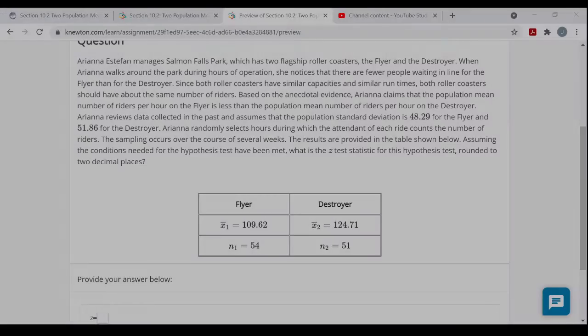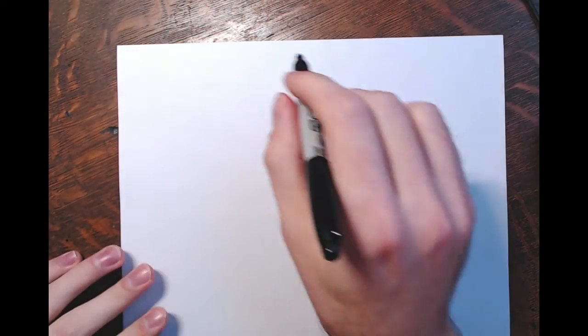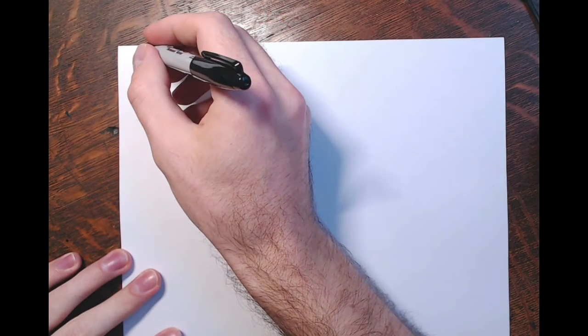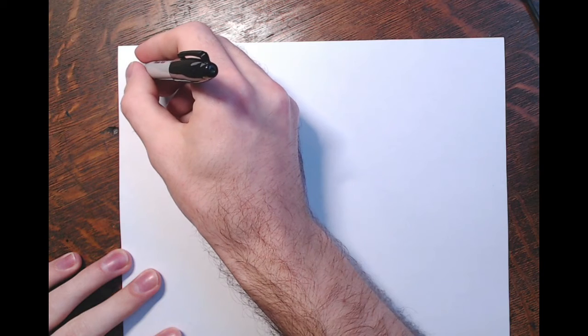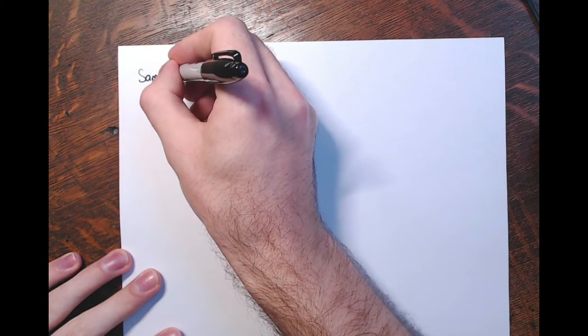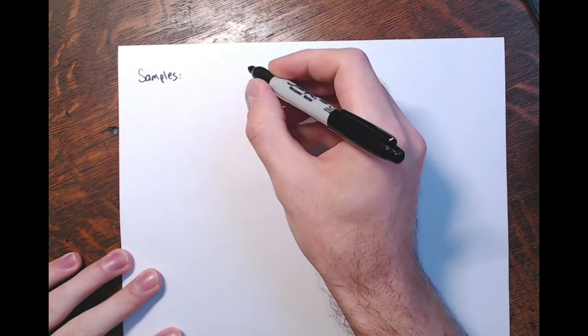Let me go to some paper here and I'll write some of this out. Again, you have two independent populations and two samples, one from each population.